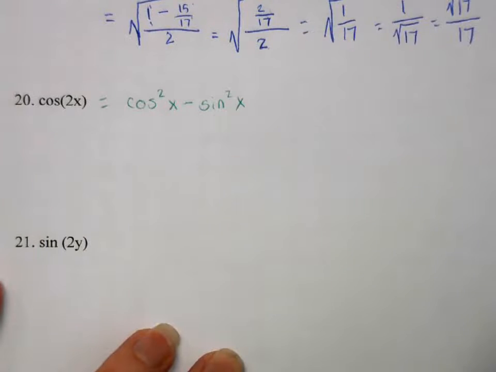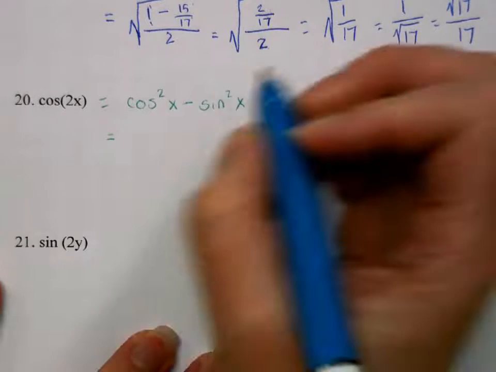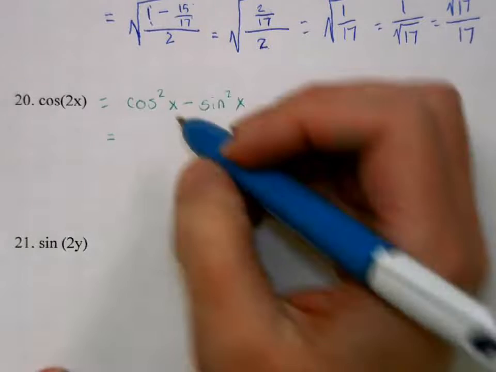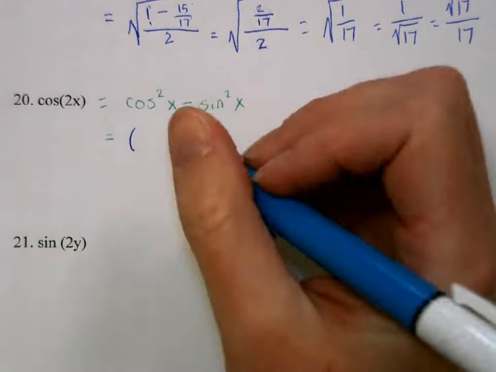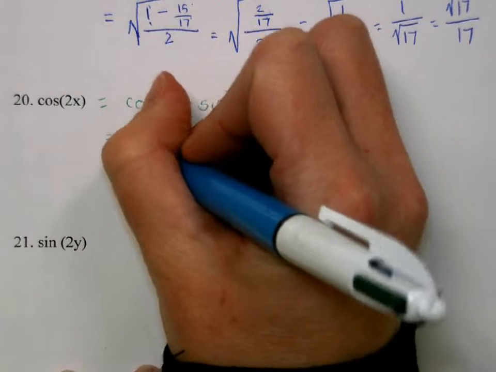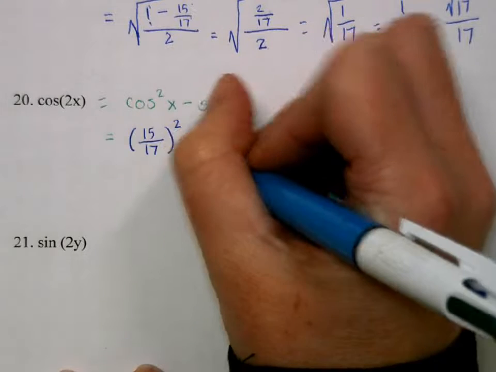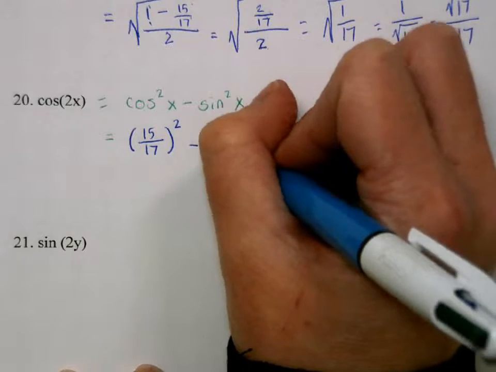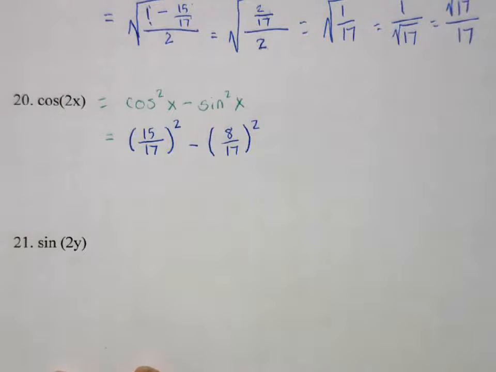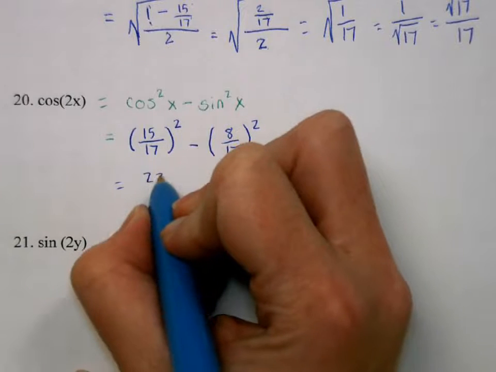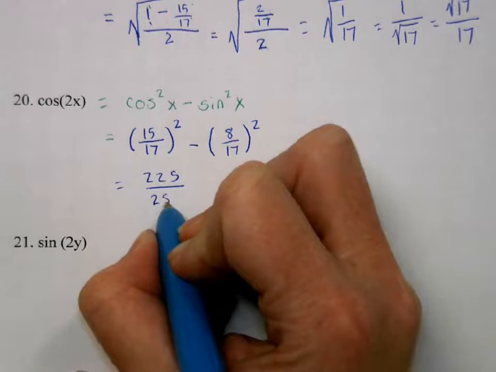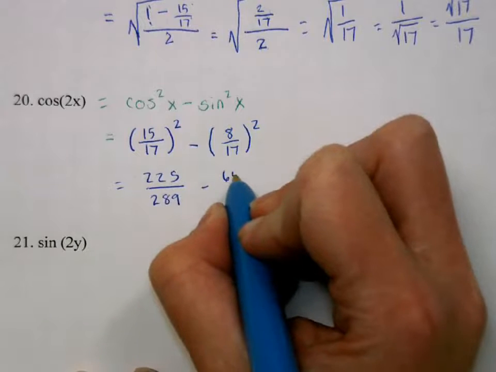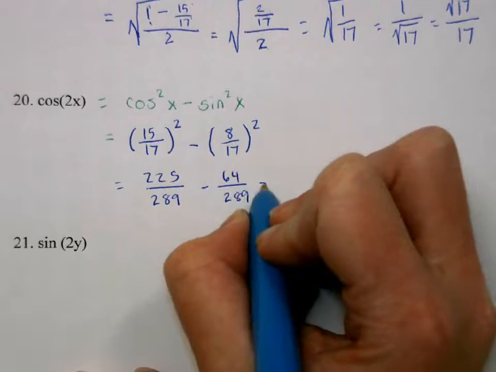Cosine of x is still 15/17 squared minus sine is 8/17 squared. So 225 over 289 minus 64 over 289 is 161 over 289.